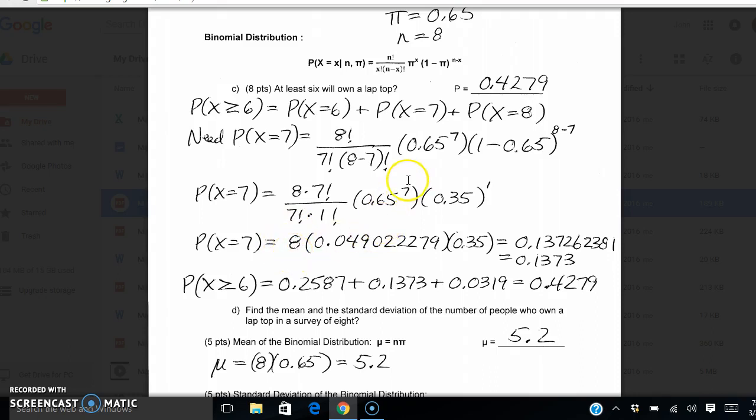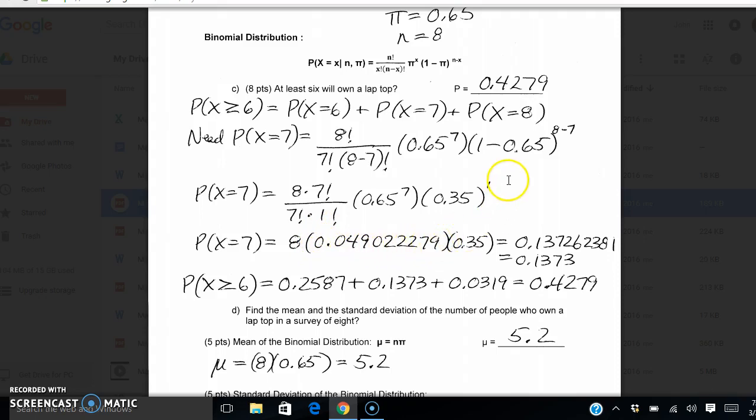And then the second part of the formula is going to be pi to the exponent x. The pi is the same as before. It's 0.65, and the x is 7. And if we do that calculation, 0.65 to the exponent 7 on the calculator, this will be the number that we get.